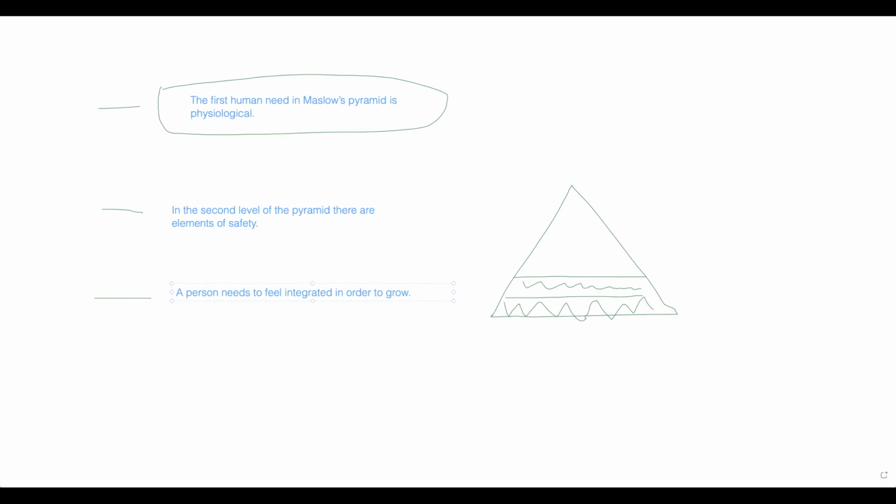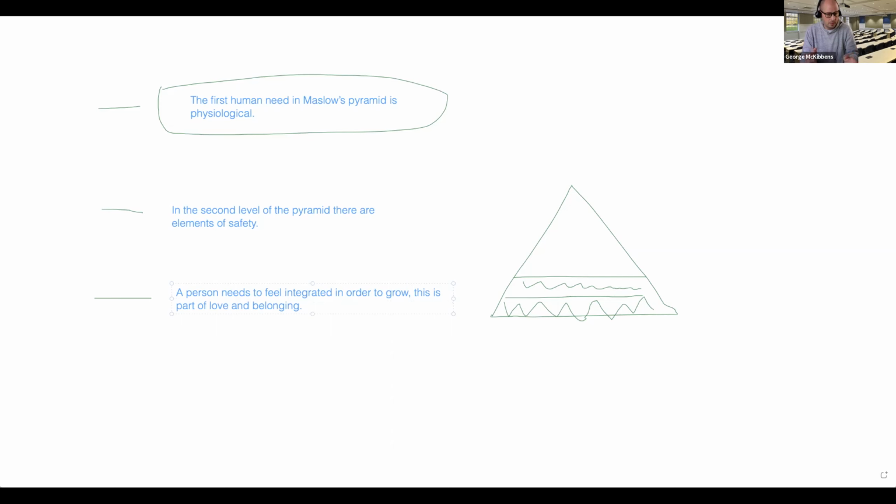You know what we could also do? We could make it a more complex sentence by adding a semicolon or even a comma. So if I say here's a comma, and I would say a person needs to feel integrated in order to grow. This is part of love and belonging.